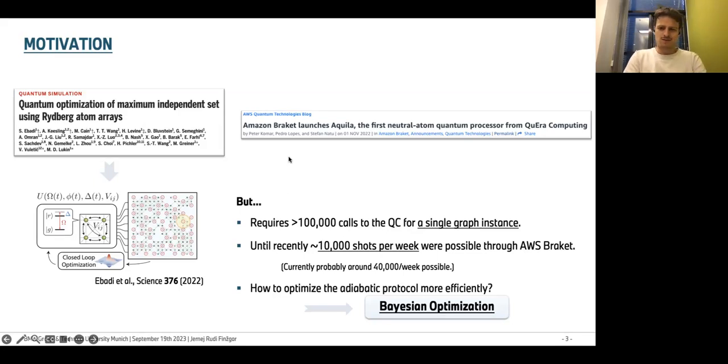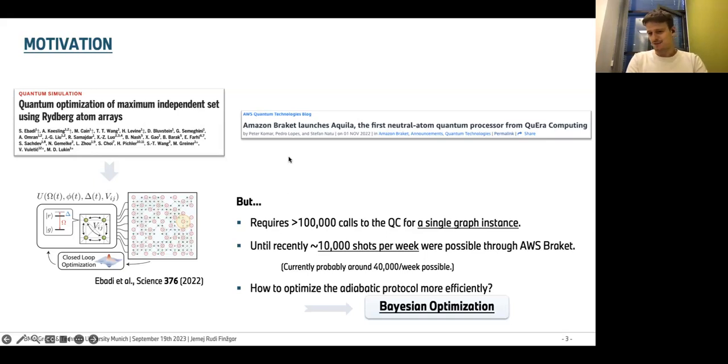And not having been a great expert in neutral atom quantum computing at the time, I thought to myself, all right, sure. So I got around to actually implementing these things. And what I found in practice is that I was able to obtain roughly 10,000 shots, or 10,000 measurements, from the quantum device through Amazon Braket.